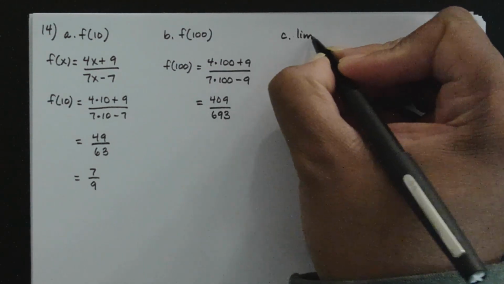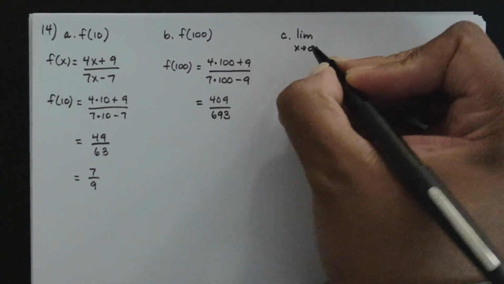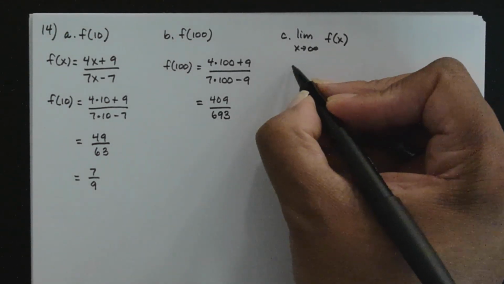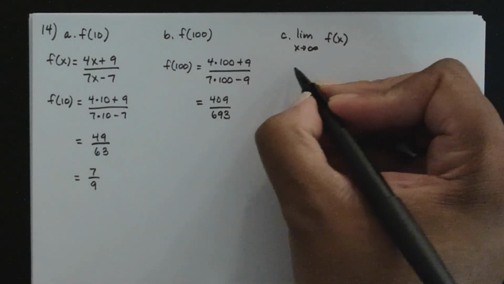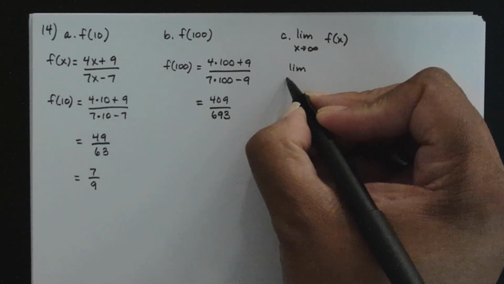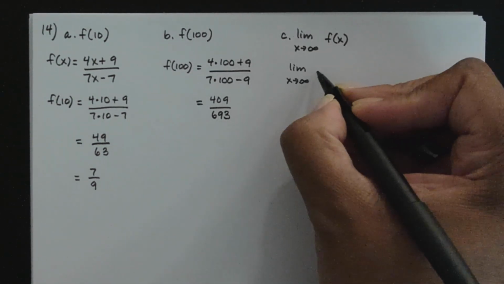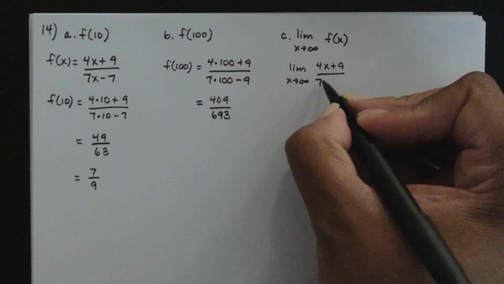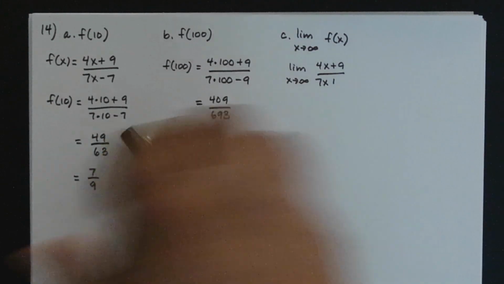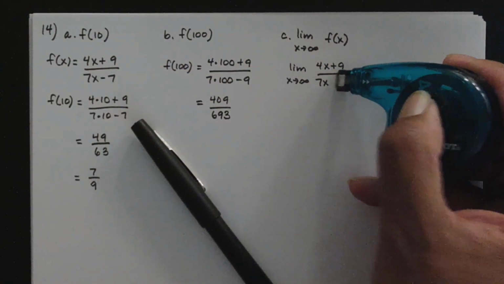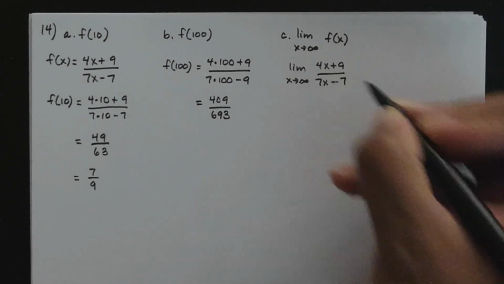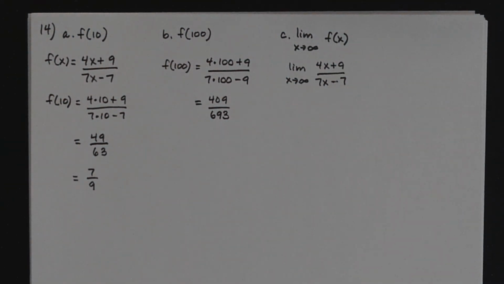Now, part C is when you take the limit as x approaches infinity of the function f of x. So here we're trying to find the limit as x approaches infinity of that 4x plus 9 divided by 7x minus 7. So what's going to happen here is this.